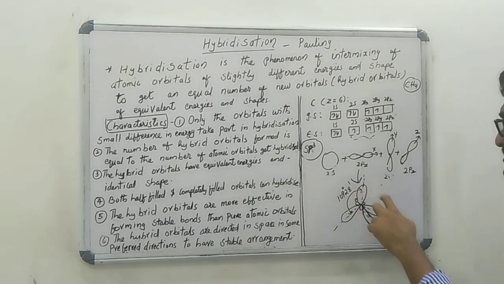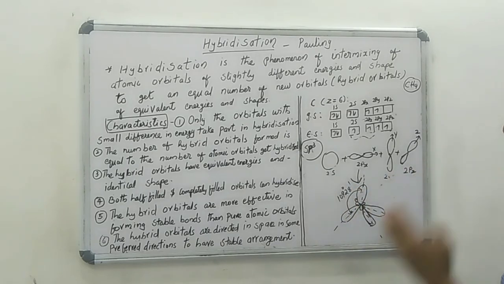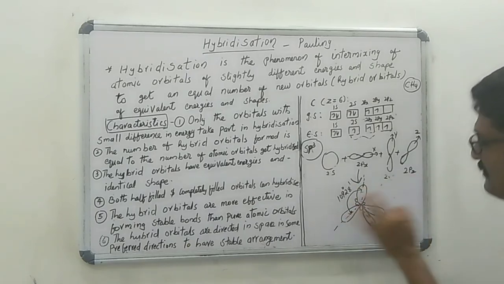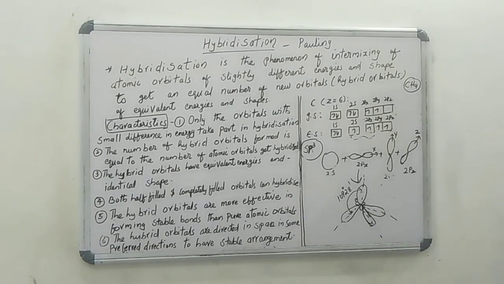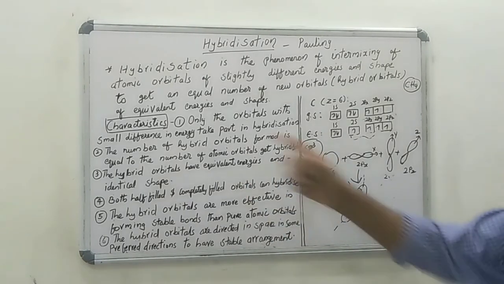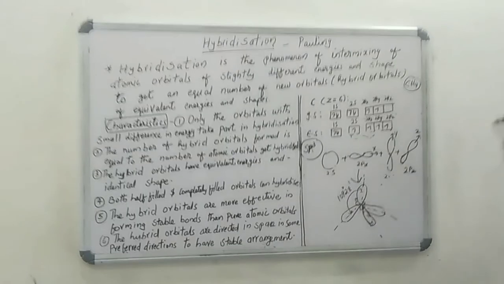The shape of the first sp3, second sp3, third sp3 and fourth sp3 hybrid orbitals is identical, and the energy is also equivalent. That is the third characteristic.